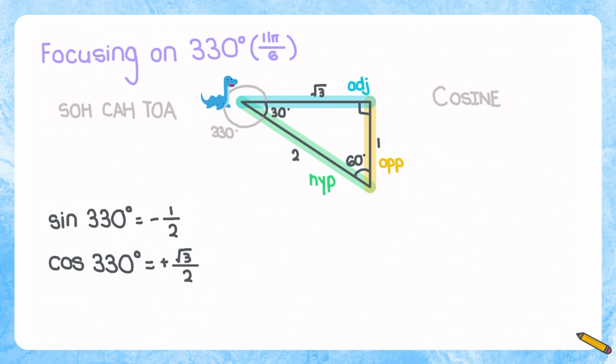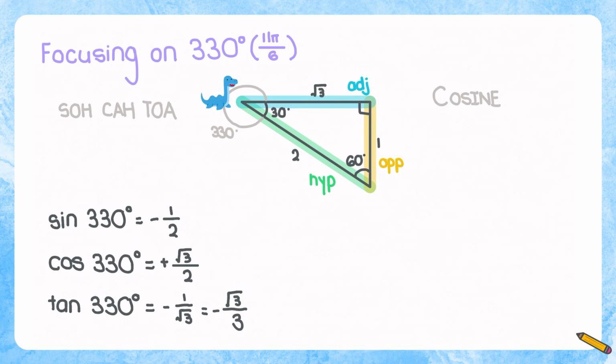So we have positive radical 3 over 2. And then tangent of 330 degrees will be negative. So we have negative and then the opposite over the adjacent. So negative 1 over radical 3, which becomes negative radical 3 over 3.